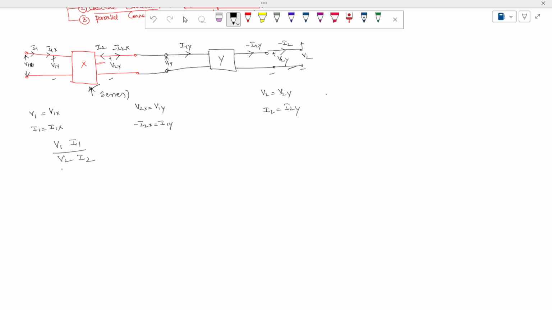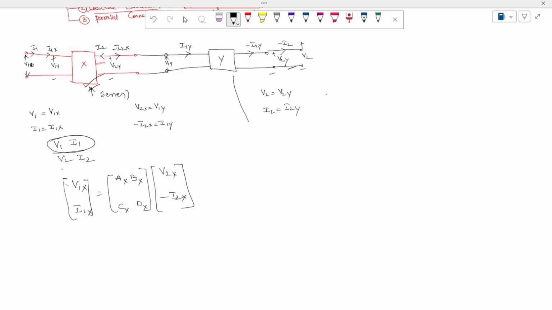So as per this network I am going to draw the matrix form as V1, I1 is equal to A, B, C, D into V2, minus I2. We are writing this with respect to the X two-port, so that's why I am using X here, and here also AX, BX, CX and DX, V2X and minus I2X.